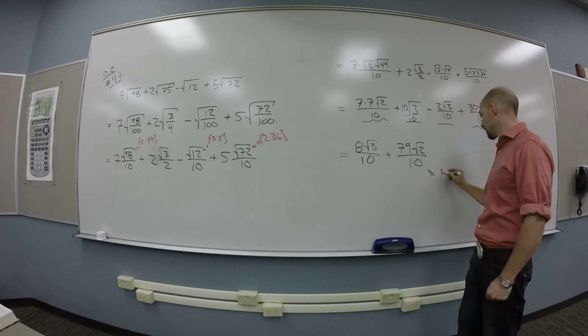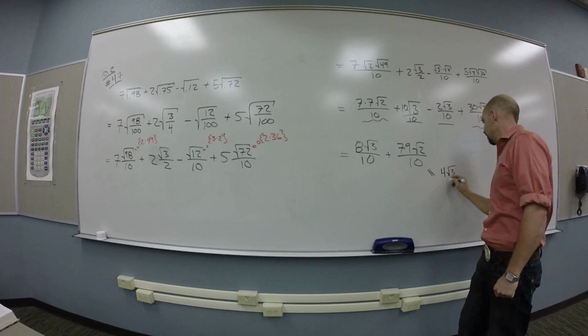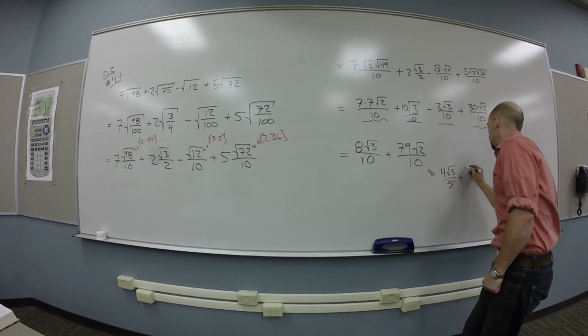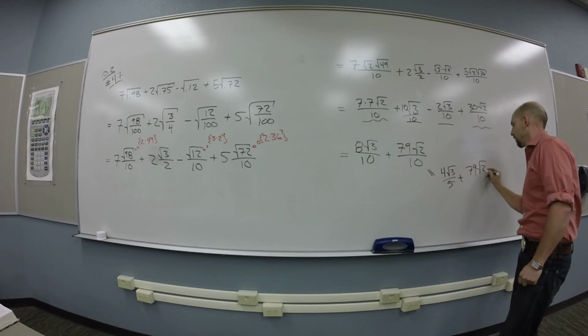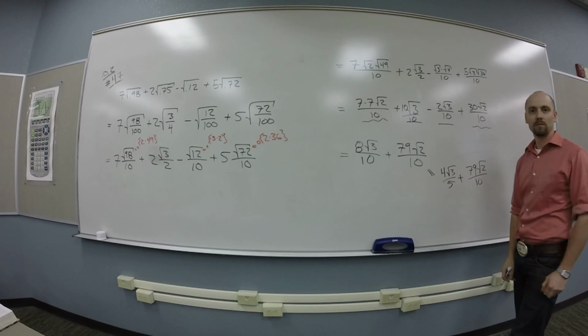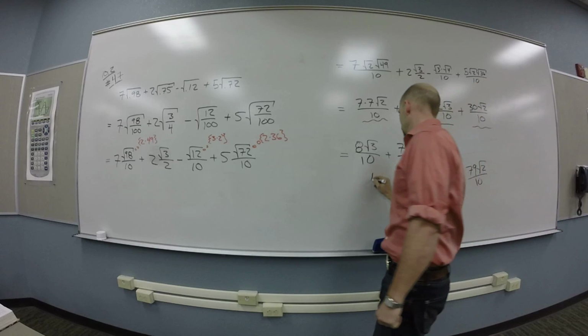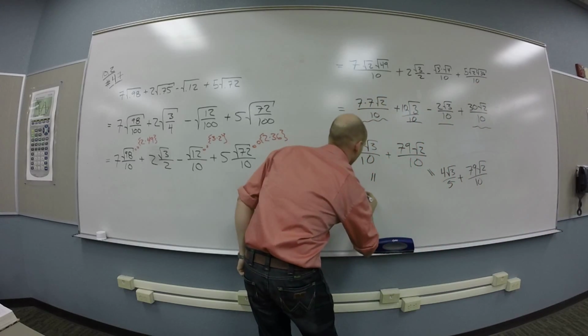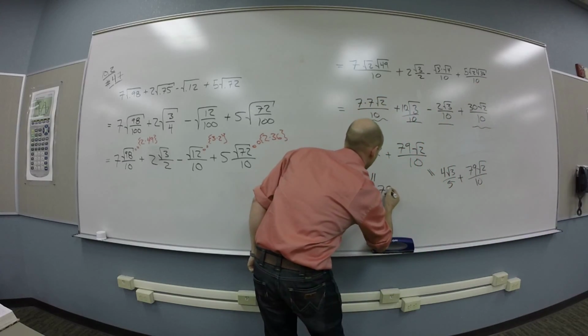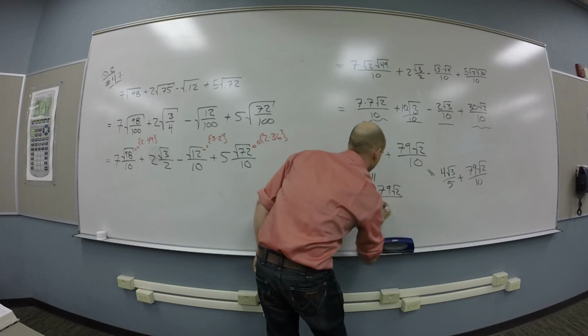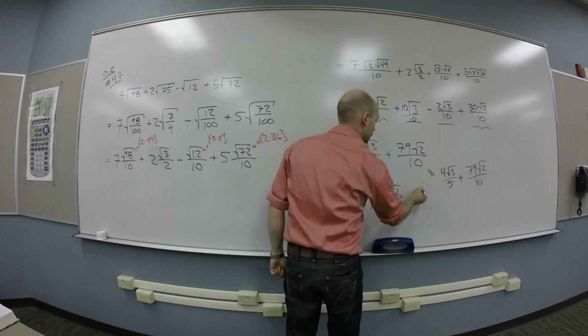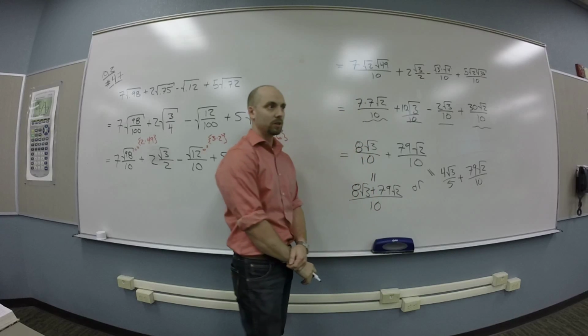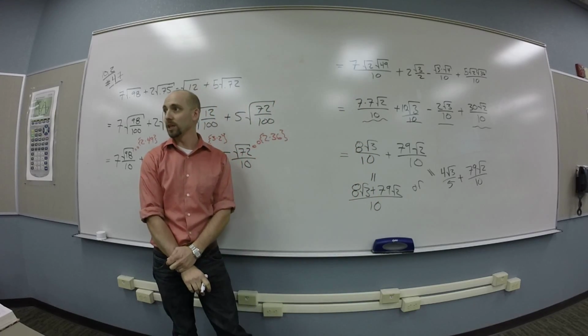You can either do this as 4 root 3's over 5 plus 79 root 2's over 10. Or you can do this as 8 root 3's plus 79 root 2's all over 10. Either of those is an acceptable answer.